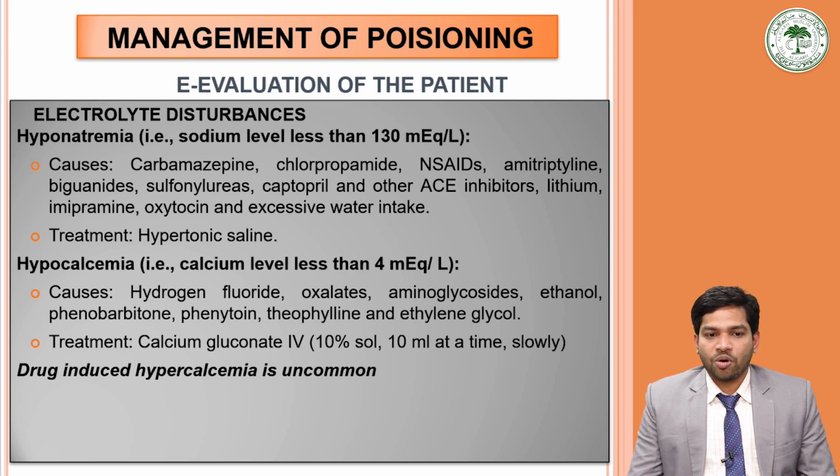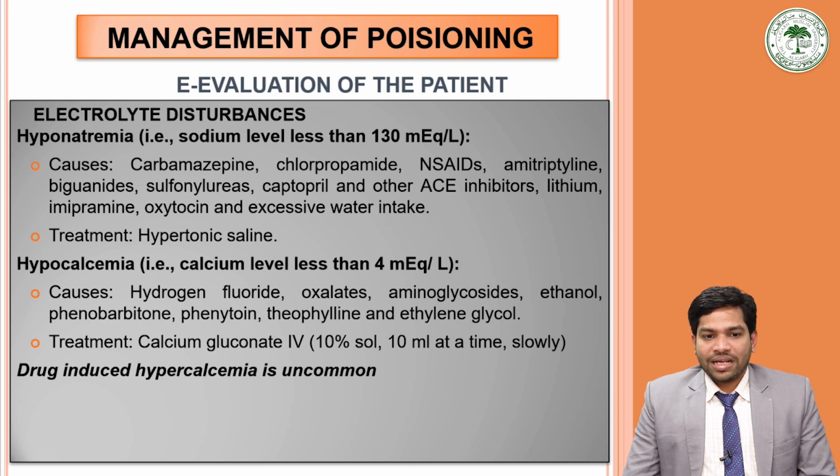Then hypocalcemia is said when the calcium level is less than 4 milliequivalent per liter. Causes for hypocalcemia are hydrogen fluoride, oxalates, aminoglycosides, ethanol, phenobarbital, phenytoin, theophylline, and ethylene glycol.